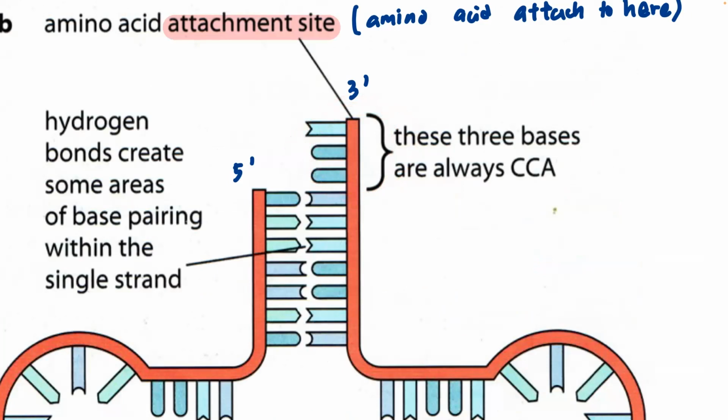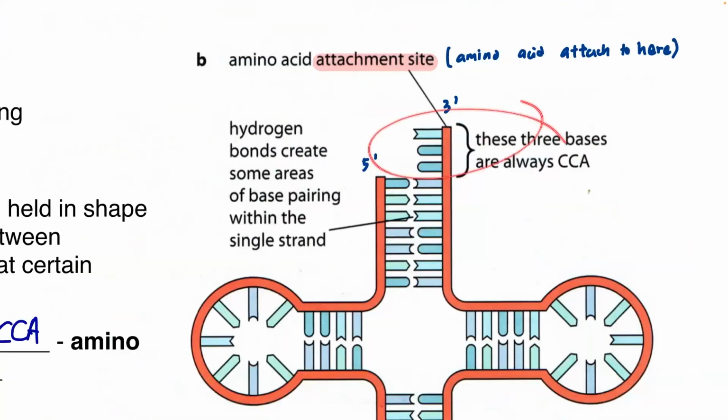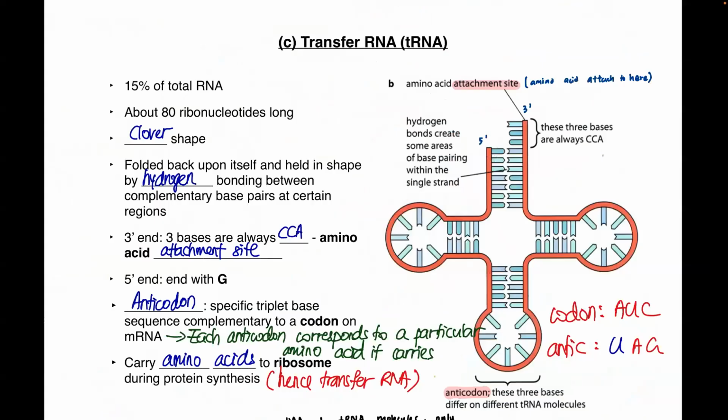Transfer RNAs are called transfer RNA because their function is to transfer amino acids to the ribosomes. So they play a role in protein synthesis. Different amino acids can be attached to tRNA. Later we are going to see that in a bit.